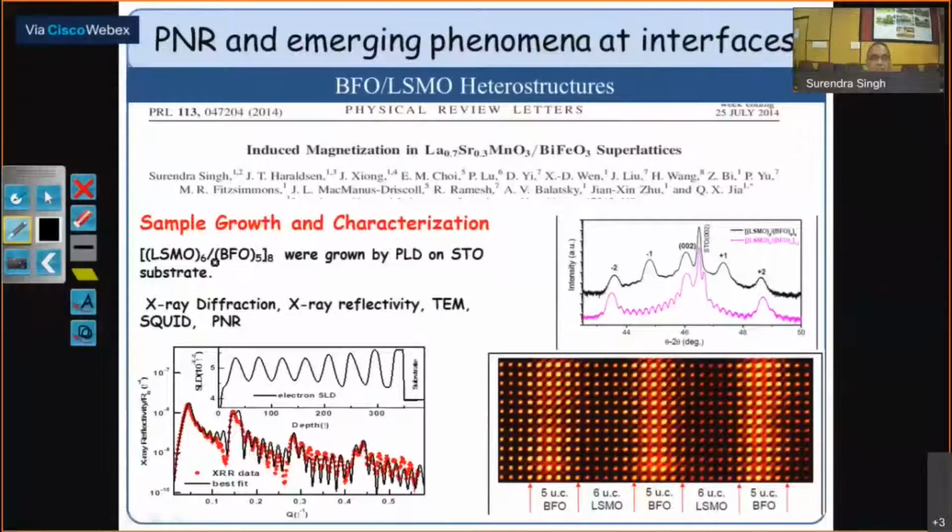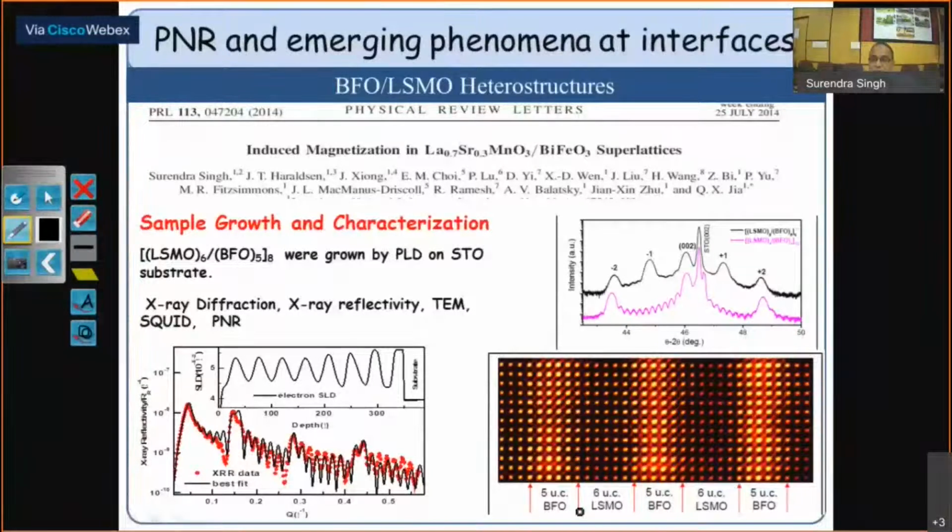This is LSMO BFO with 8 bilayers of the systems. For doing PNR, we did all possible characterizations, including X-ray reflectivity, and here also we found the multilayer structure. And then we did TEM also. In TEM, we see very nice multilayer structures.